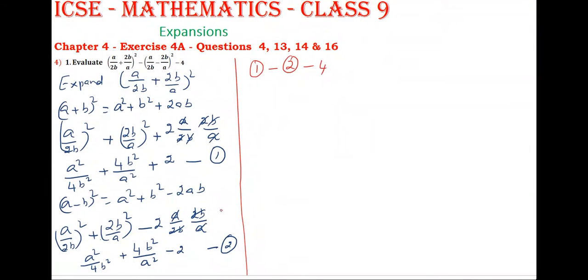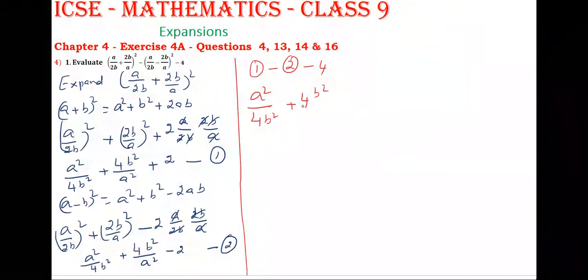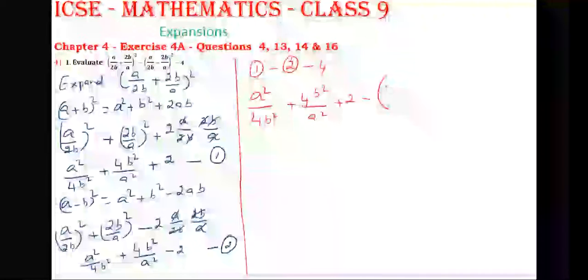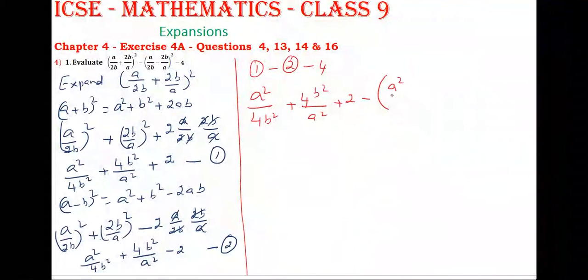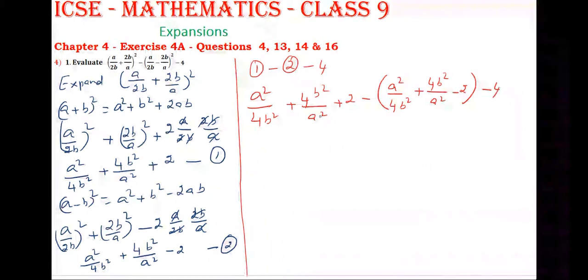So 1 is a²/4b² + 4b²/a² + 2, minus the second part a²/4b² + 4b²/a² − 2, and minus 4.